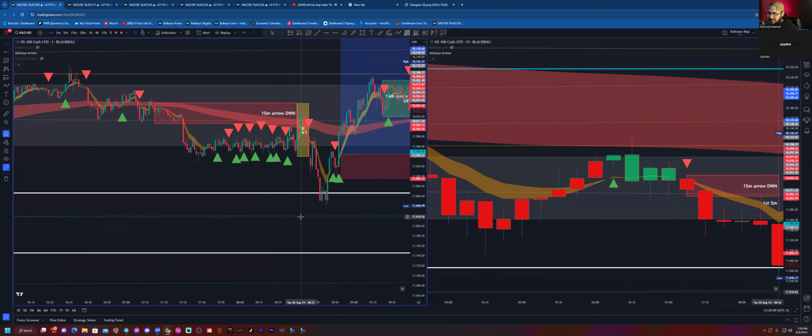Now, the idea is if price comes and touches that first white line, initially I'm looking for it to bounce up. If it comes and touches that white line and continues down, giving us more volume down, meaning sellers come into the market and it wants to crash, then we'll wait and see what happens.